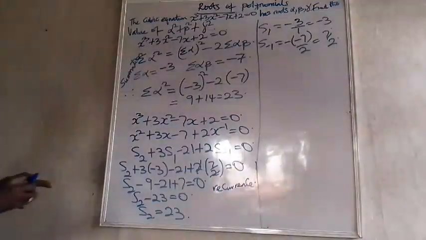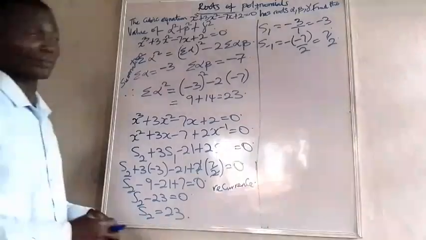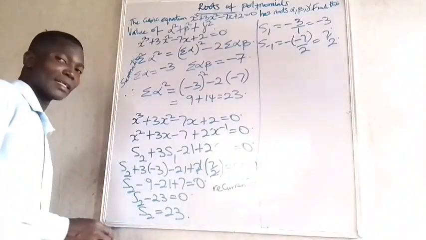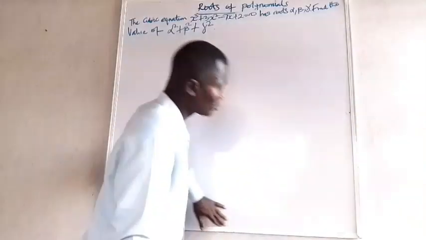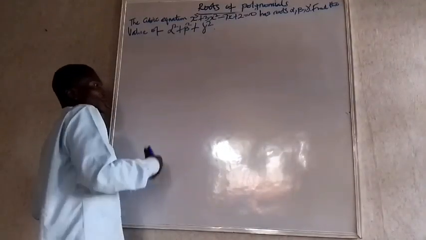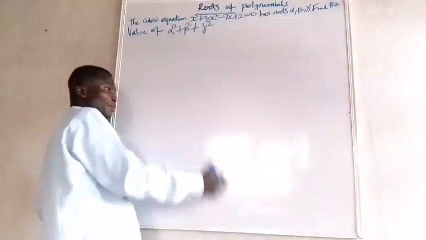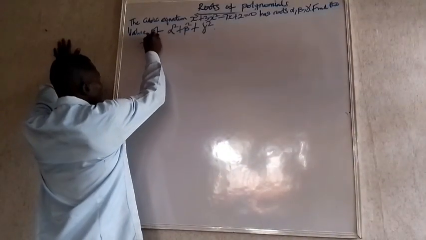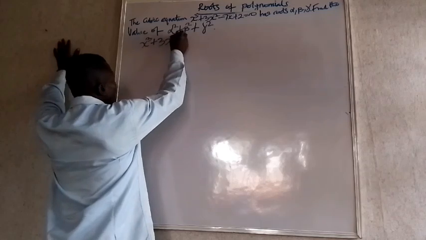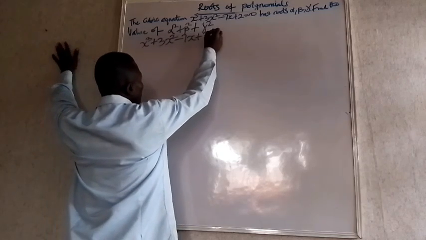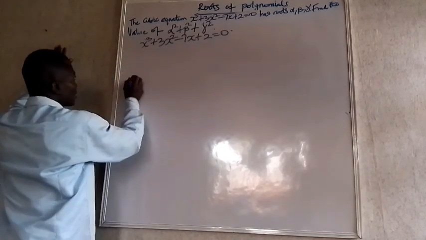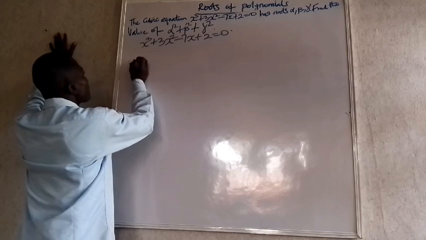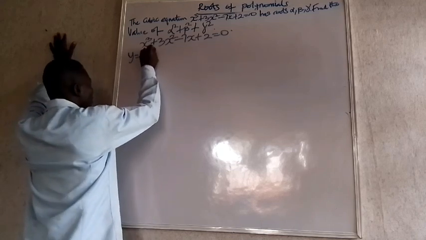You can also use substitution to get it. Let's see how that can be done. This substitution is not necessary, but just to help us practice substitution, let's see what we can do. We can now say that since x cubed plus 3x squared minus 7x plus 2 equals 0, let's say y equals x squared.